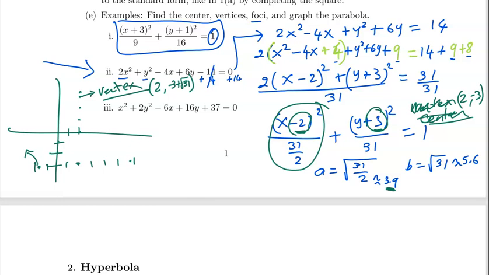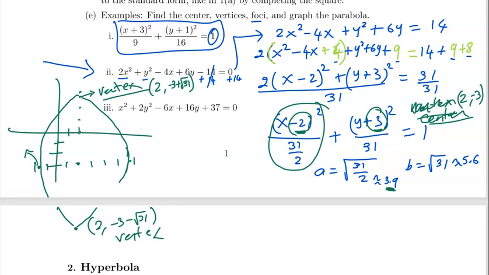From here you go down, so that's going to be 2 comma -3 minus square root of 31, and that's my vertex. The vertex is over here, and this one goes like that. We're missing one more thing here. On the right side, you're going to go 3.9. Oh yeah, it's already there. So it's going to go like that. That's my ellipse.